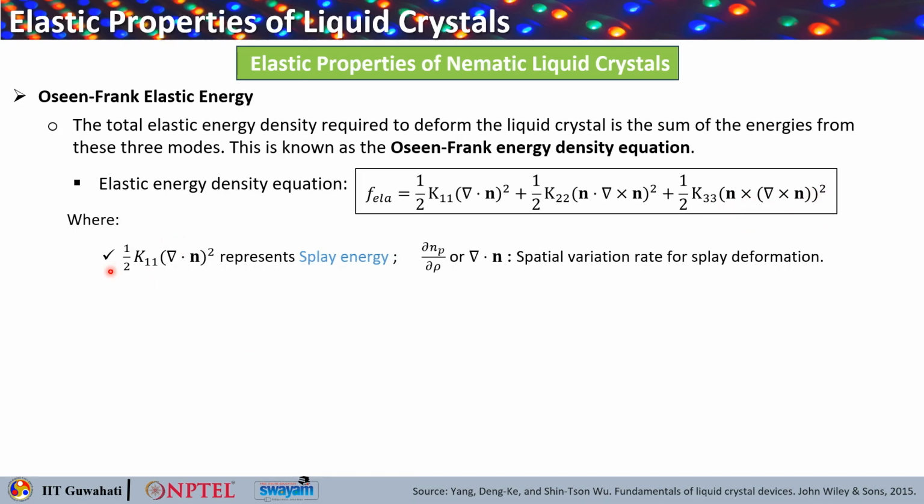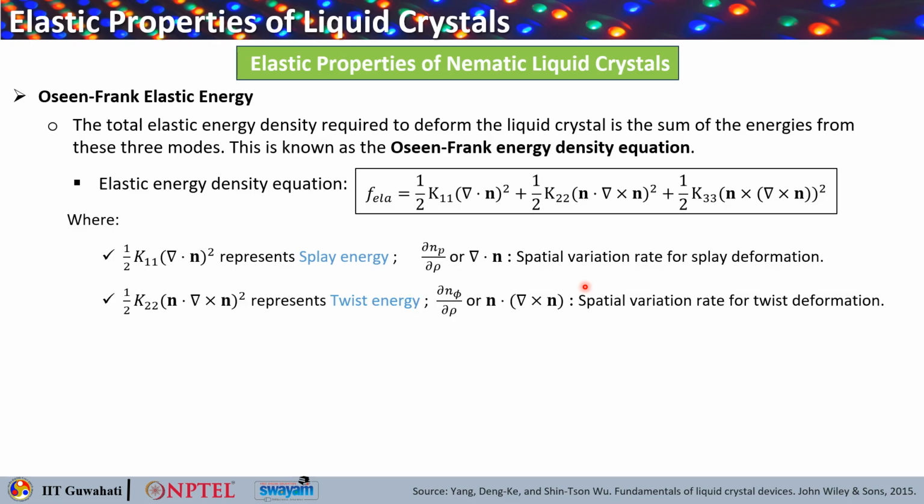The first term, half K11 divergence of n whole squared, represents the splay energy. Here the divergence of n, like dou n_rho by dou rho, gives the spatial variation rate for the splay deformation. The second term is the twist energy. Here half K22 (n dot curl of n) whole squared represents the twist energy.